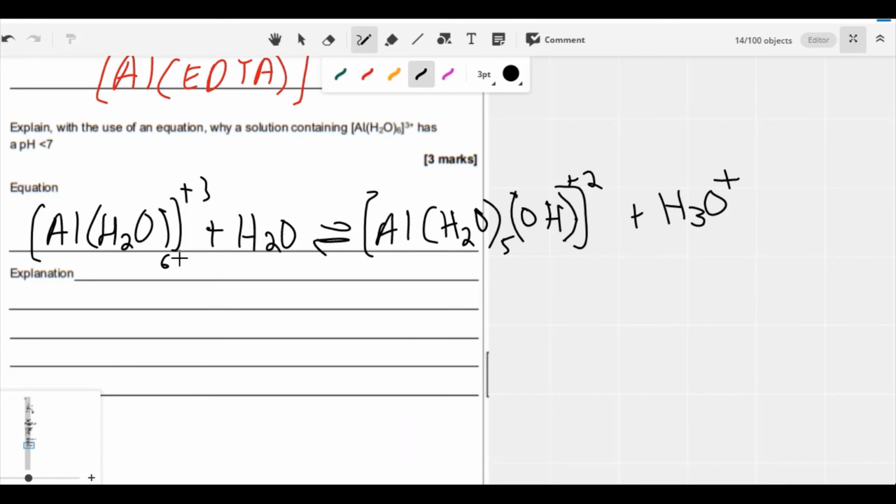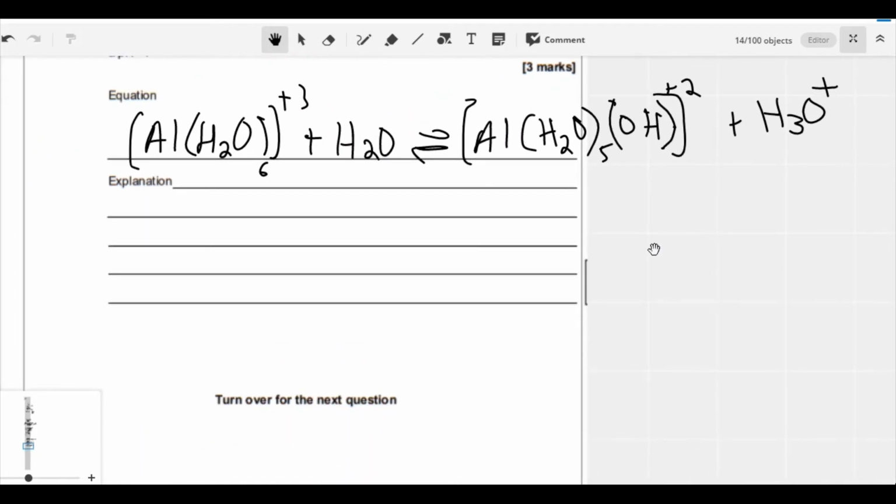Or you can directly write the equation that will dissociate, it will form Al(H2O)5OH, and instead of writing H3O you can also write only proton, H positive.